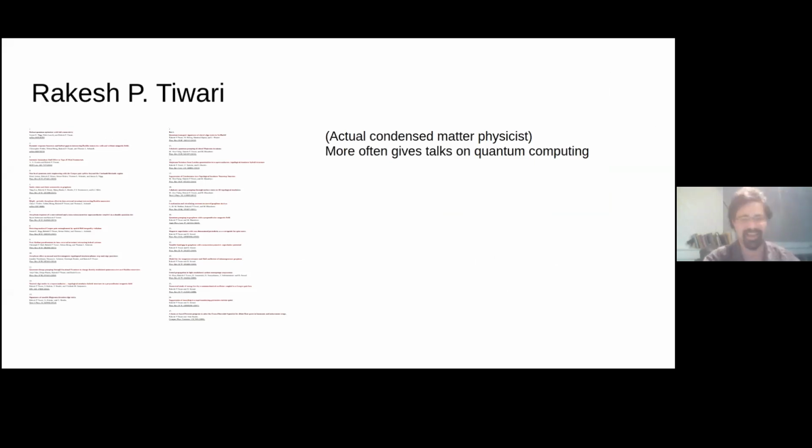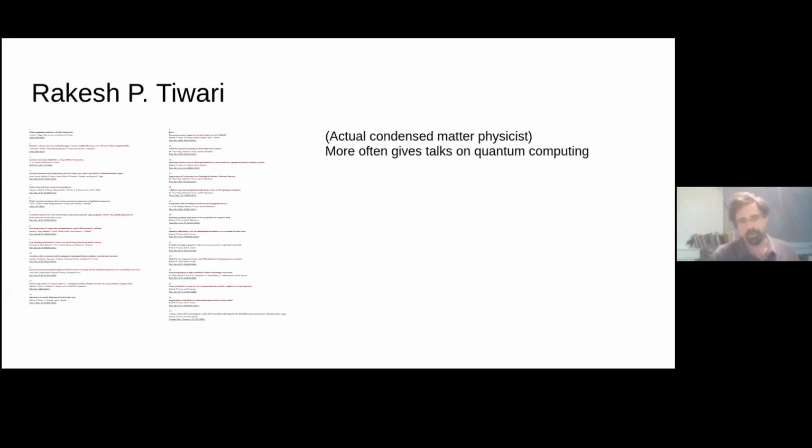So Rakesh was an actual physicist. He worked in Basel, I think, for the last decade. He most often gives talks on quantum computing. This is his first Kaggle competition, or maybe second. He actually prepared himself for this one by doing a natural language processing competition. And what that amounts to is learning how to use pandas, because that's one of the main packages that people use on Kaggle.